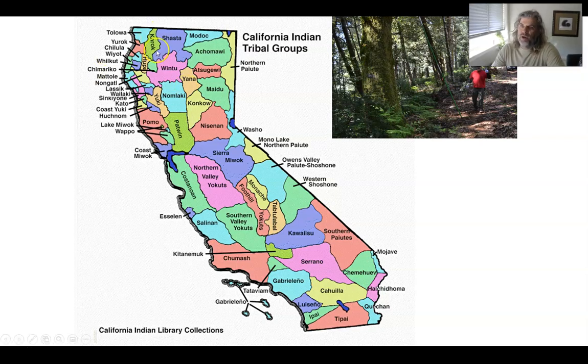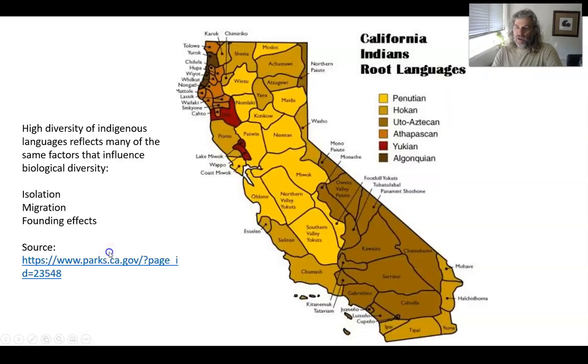There's a lot of biodiversity in the north part of the state, because of isolation and rugged terrain and lots of resources and so forth. And there were lots of different tribal groups in the northwestern part of the state prior to European arrival.